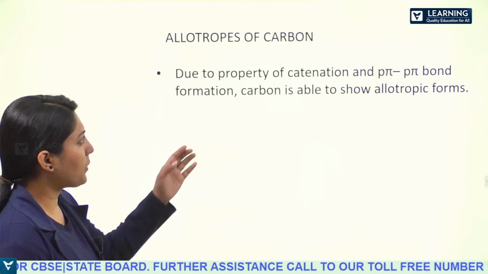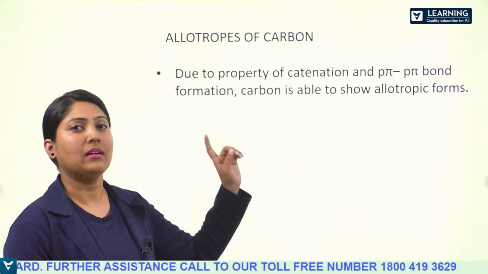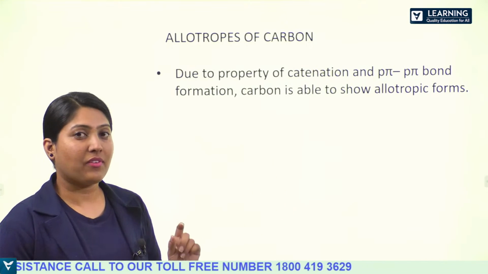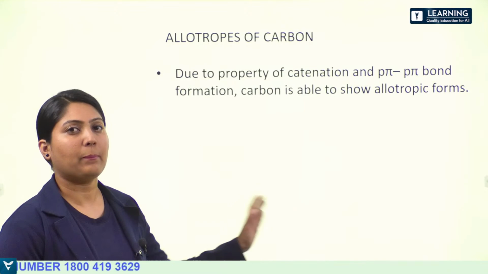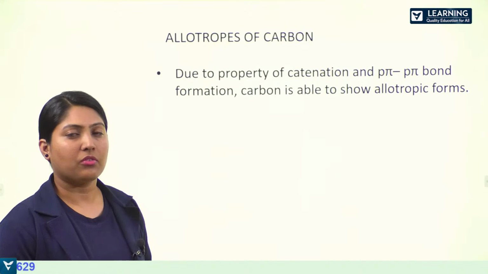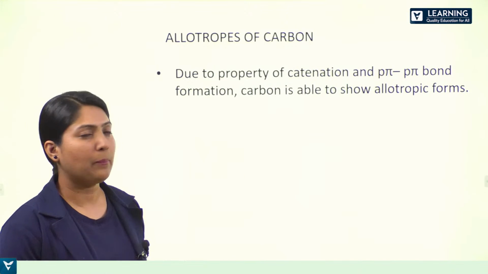So here, due to the property of catenation and p pi bonds, we have pi bonds of 2 types: p pi-p pi and d pi-p pi bonds. For carbon, we have only p pi bonds.